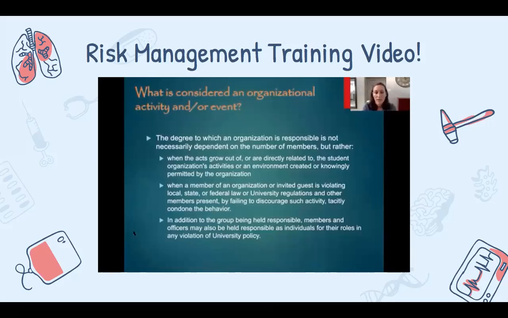They're a part of it and can be considered liable. In addition to the group being held responsible, members and officers may also be held responsible as individuals for their roles in any violation of university policy.